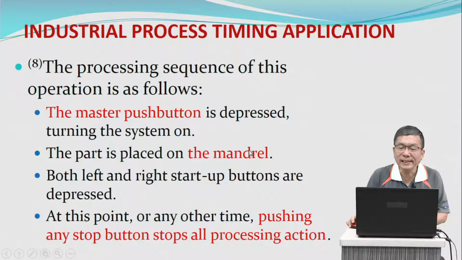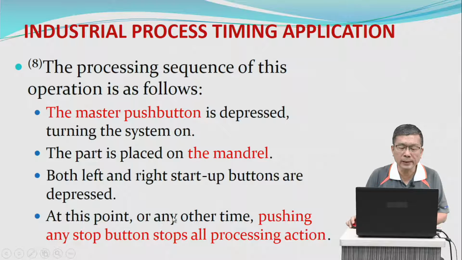The process sequence of this operation is as follows. The master push button is depressed, turning the system on. The part is pressed on the mandrel. Both left and right start-up buttons are depressed.